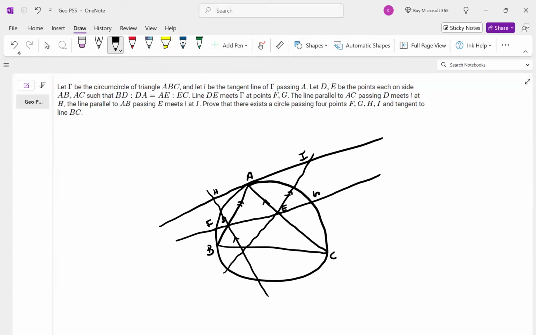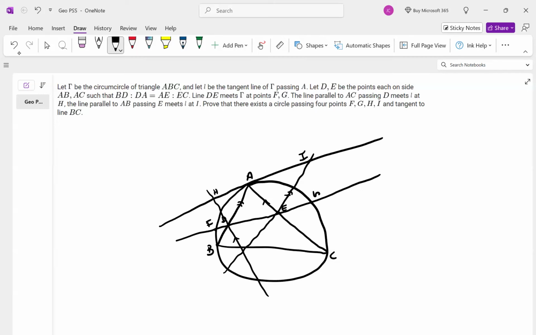You're given some points D and E on AB and AC, such that BD by DA is AE by AC. So it's a slightly strange length condition. And you're given lines through D and E parallel to the sides, which intersect the tangents at H and I. And you want to prove two things.